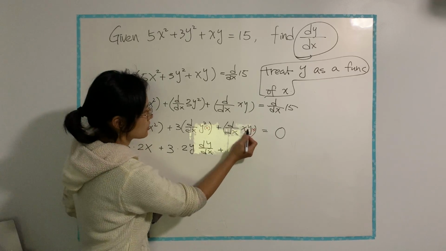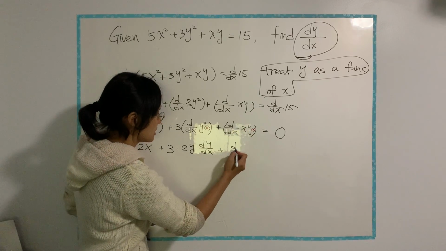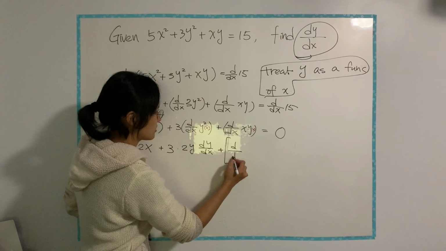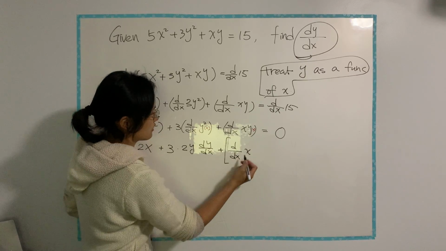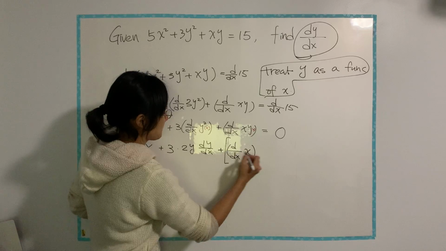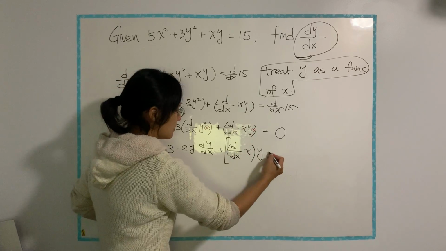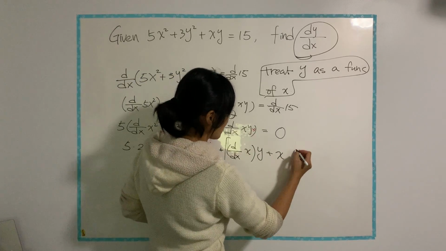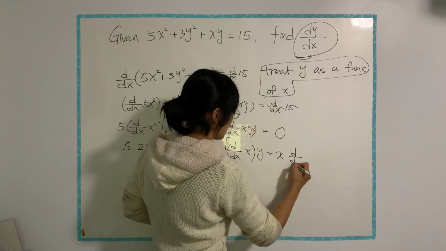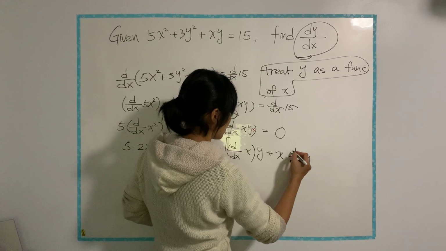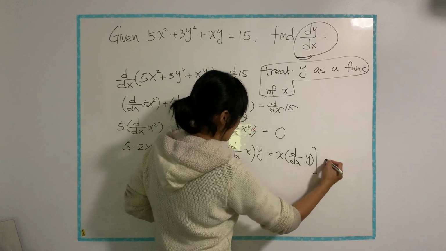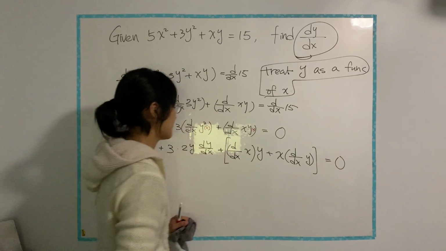Now you have basically two things multiplied together. So here you apply the product rule: d/dx of the first function times y plus the first function times the derivative of the second function. And of course, this equals 0.